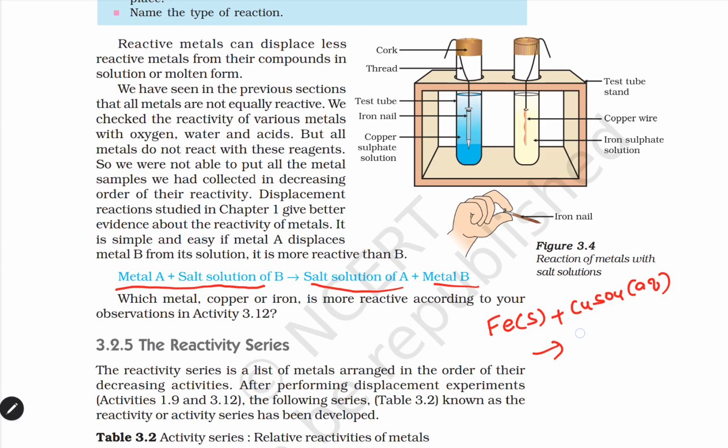When both react, ferrous sulfate is formed, which is aqueous, and copper comes as a residue onto the iron nail, in the solid form. So iron displaces copper from copper sulfate, forming iron sulfate and copper metal.